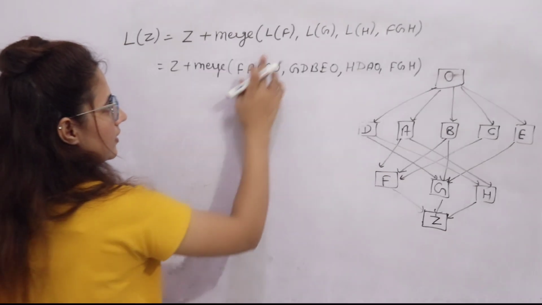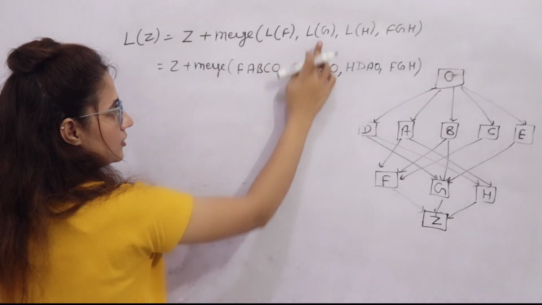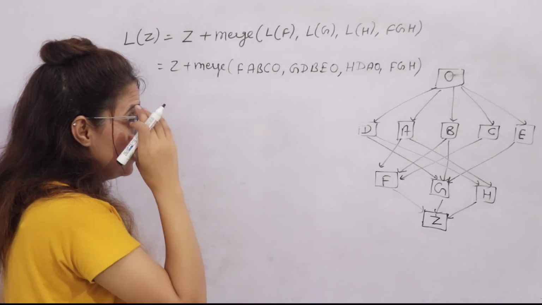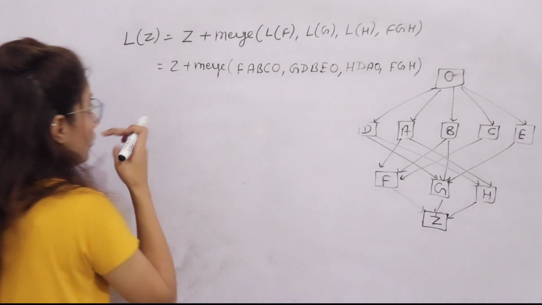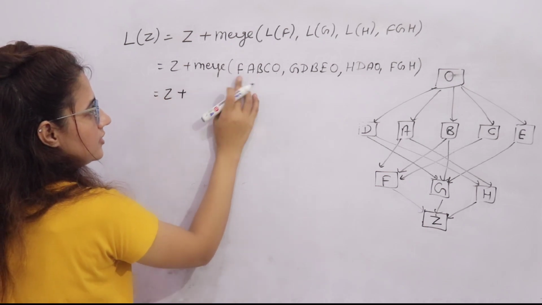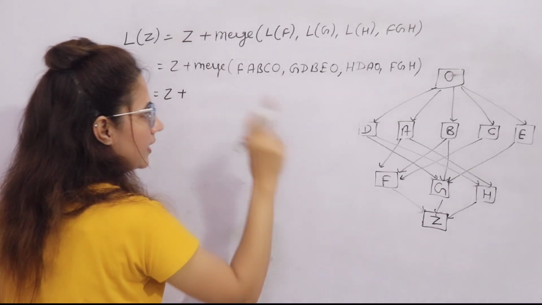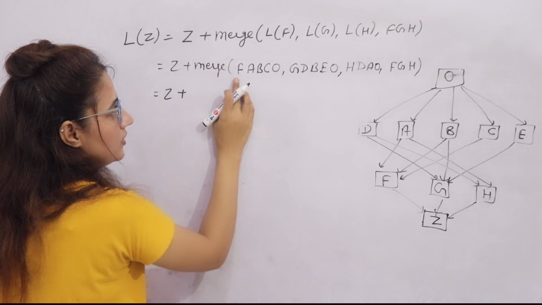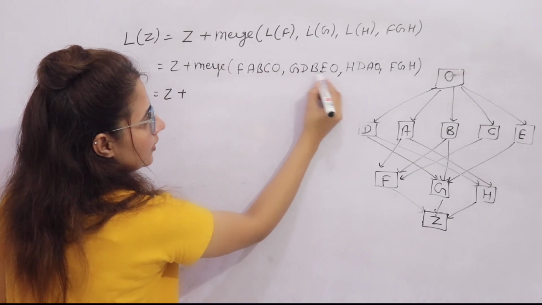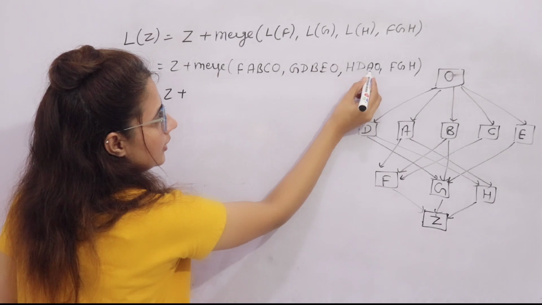Okay, so this is the linearization of F, the list. This is for G, this is for H. I hope you got this one correct. Now you have to find out for Z. So Z plus, take the first list, consider F as head. Now find out whether F is in the tail of another list. The tail of this list is this one, DBEO, DAO.